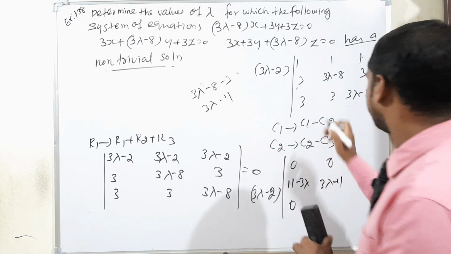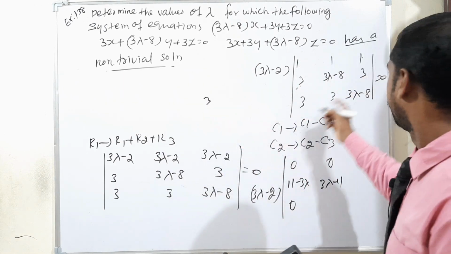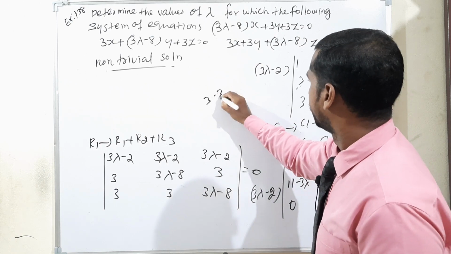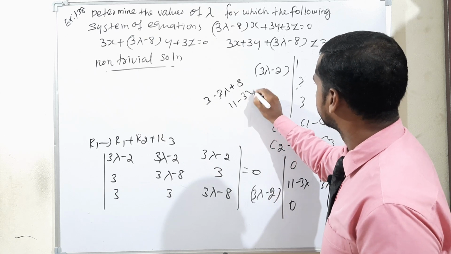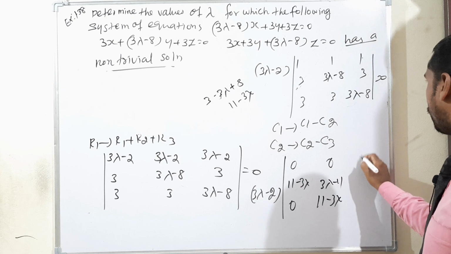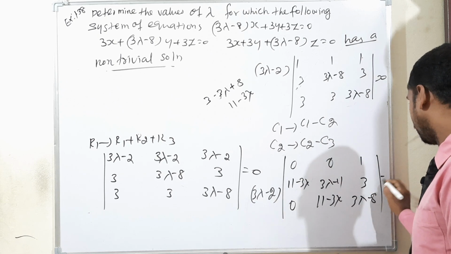Next, 3 minus 3, minus 3 lambda minus 8, means plus 8. Again 3 plus 8 is 11, so 11 minus 3 lambda. C3 stays as it is: 1, 3, 3 lambda minus 8. Now it will be easy, no? This is equal to 0.